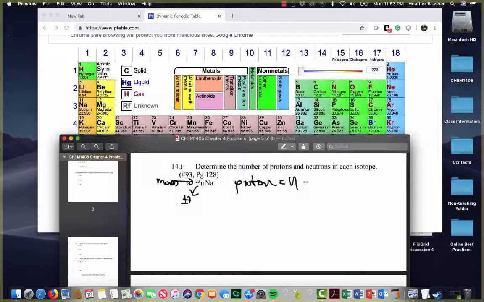Because that's the Z number. Now, number of neutrons are going to be equal to the mass minus the atomic number. So the mass here is 23 minus 11, right? And that gives you 12.